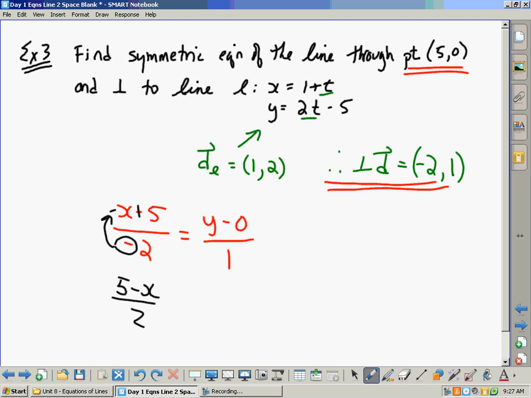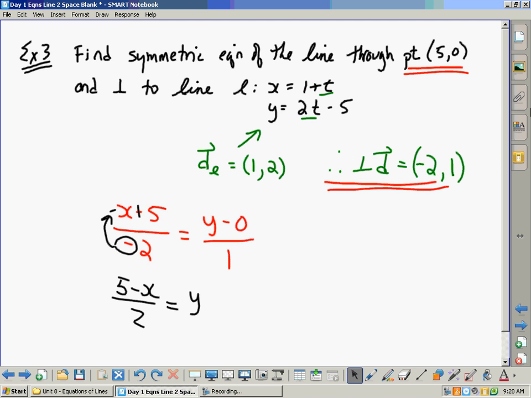So the red form is how we get the information, but when we display this equation, we don't want any negatives on the bottom, so I'm going to move the negative to the top, which changes the order, and it becomes 5 minus x. And then the other side, technically, we can just write y. The y minus 0 is not necessary, and you don't have to put over 1. It's understood. And so that's the equation in symmetric form.